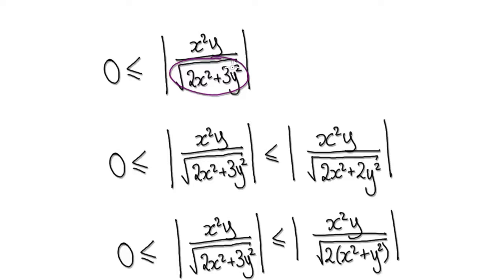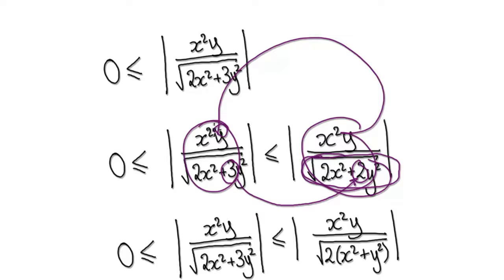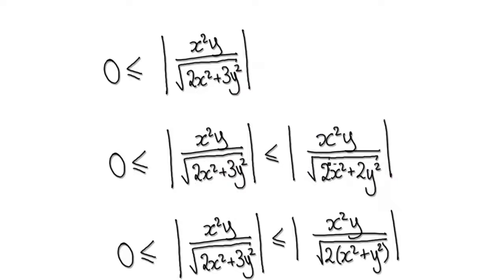Well, if the denominator is smaller, then this whole fraction will be bigger or equal to this fraction, because here I'm making the whole denominator smaller. So we are currently here at the moment.